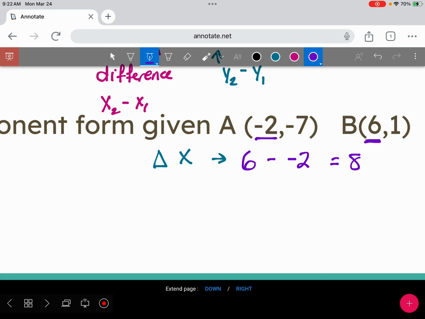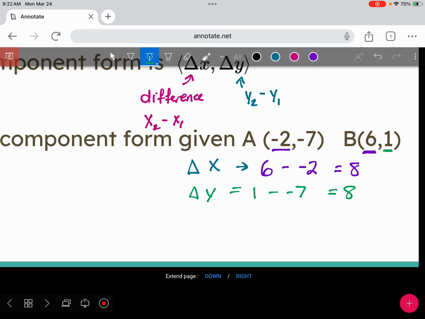And then do the same thing for the y's. We're going to find the change in our y's. So I'm going to take my 1 minus negative 7, which is also 8. So the component form, we're going to put these angled brackets. We're going to have our 8, 8, close the bracket.